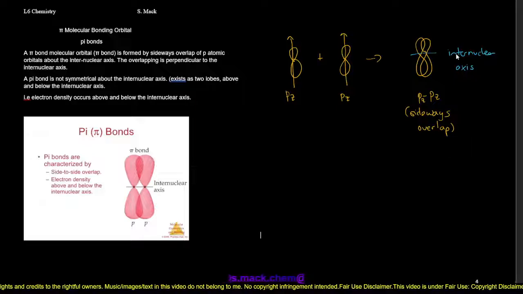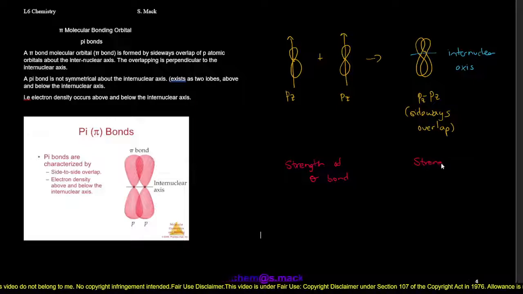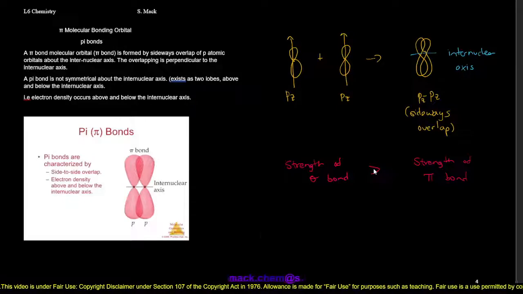We're going to end off the video by discussing the strength of the sigma bond compared to the strength of the pi bond. Now, as mentioned before, where a molecular orbital is formed, the greater the extent of the overlap, the stronger the covalent bond. This would tell us the strength of the sigma bond would be greater than that of the pi bond.